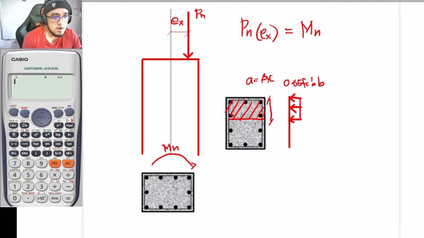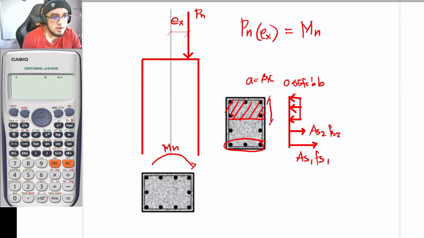Okay, and we also have here your tensile bars. So it is now to be directed here. And you also have your tensile bar here. So this is now to be equal to As1 fs1. So let's say that this is to be your As1 and this is to be your As2. And this is now to be As2 fs2.